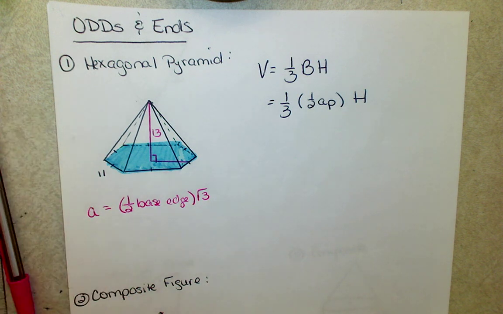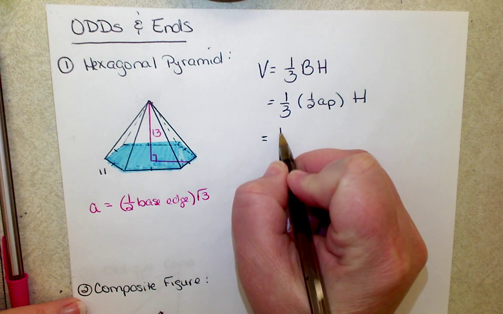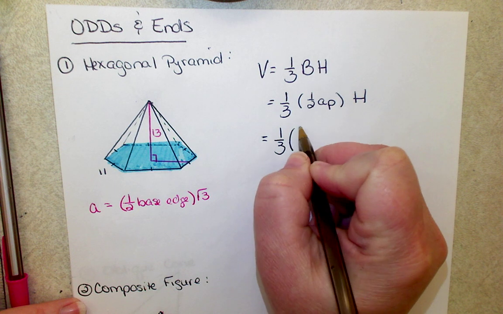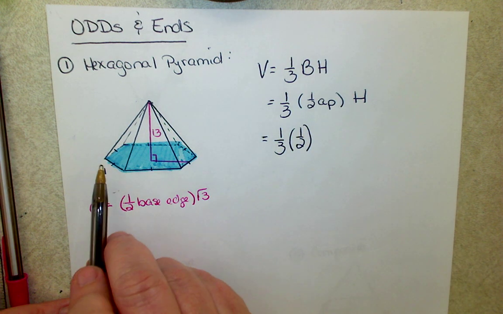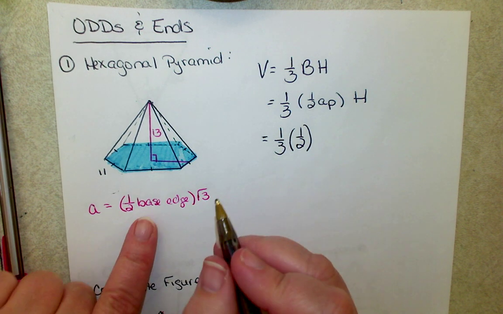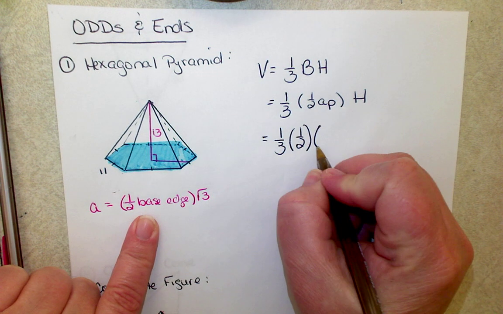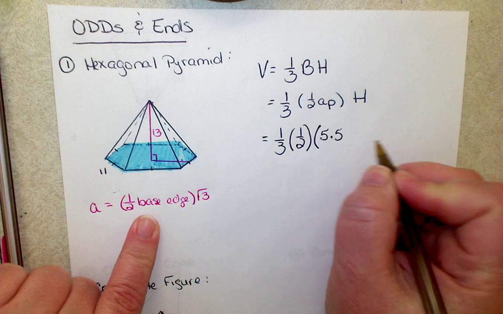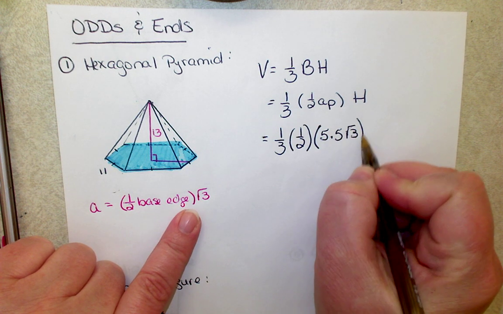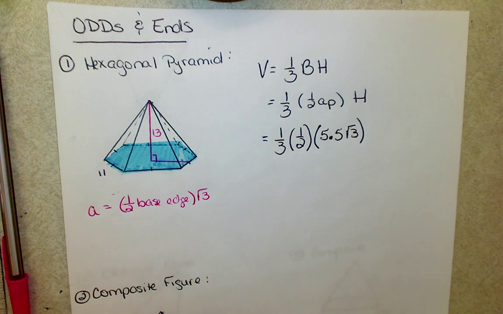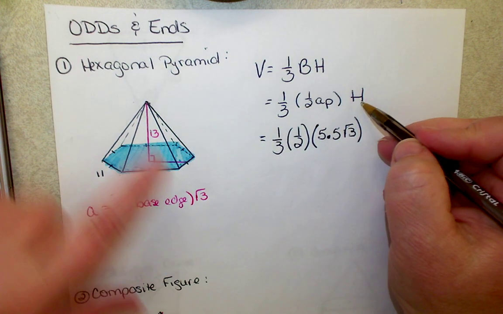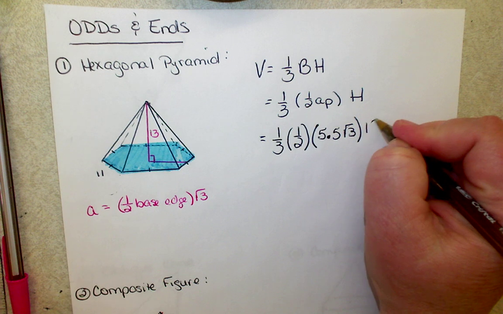So when I come right here, we'll say 1/3 times 1/2, my apothem, all right? If all the way across is 11, half of 11 is 5.5. And then I'm going to attach the square root of 3. And that's not 5 times, that's 5.5. Okay, then I need the height, or the height of the pyramid is 13.